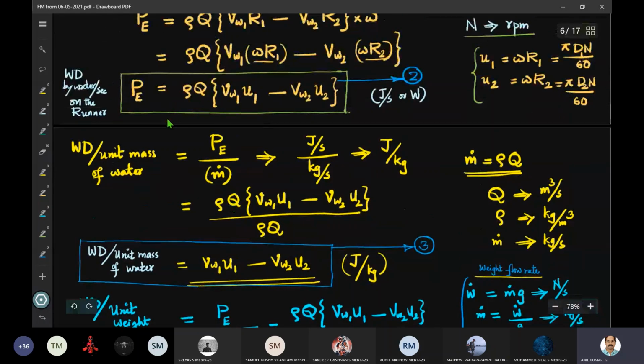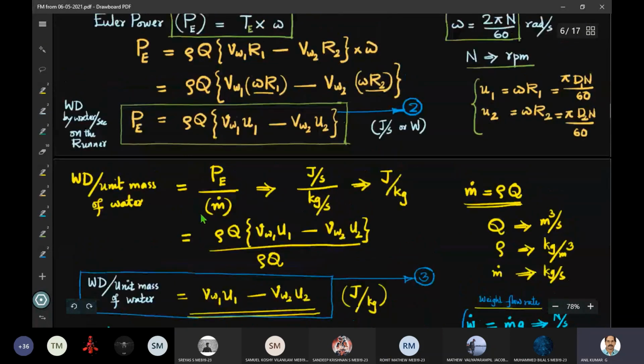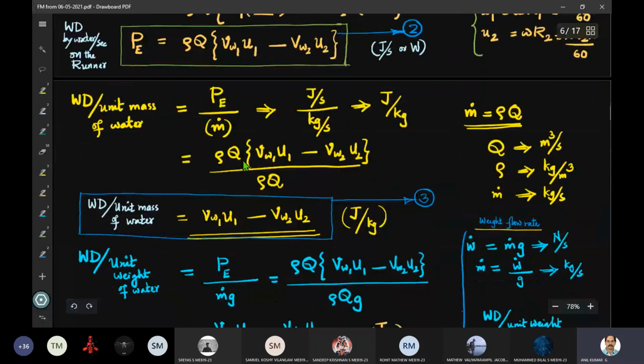Simply you divide this Euler power by the mass flow rate. So we divide P_E, the Euler power or theoretical power developed, that is, work done per second by the fluid on the rotating wheel, by the mass flow rate, m dot, which is equal to the mass flux, rho Q, in kilogram per second.